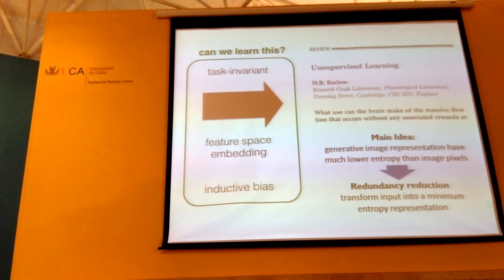And so redundancy reduction, reducing the amount of bits that you need to encode the image without losing any information, so lossless compression, could be a strategy to find representations that are similar to a computer graphics model. Of course, only if you choose the right architecture.